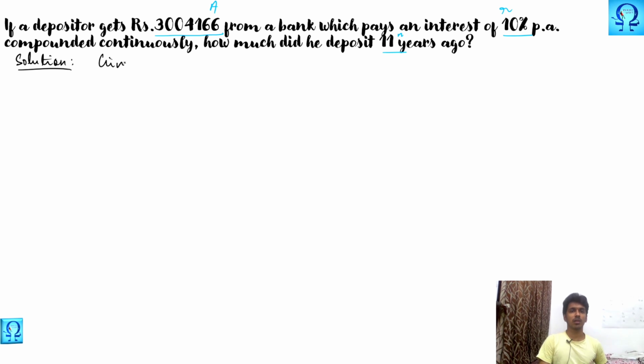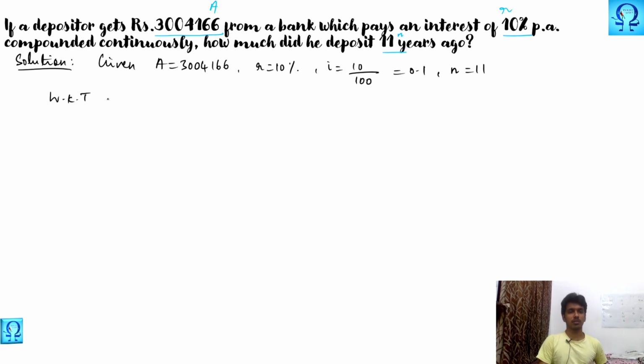So we are given that the total amount is 3,04,166 rupees and R is 10 percent. If R is 10 percent, then I is 10 upon 100, which is 0.1, and N is 11 years. We know that A is P times e to the power in, since interest is compounded continuously.